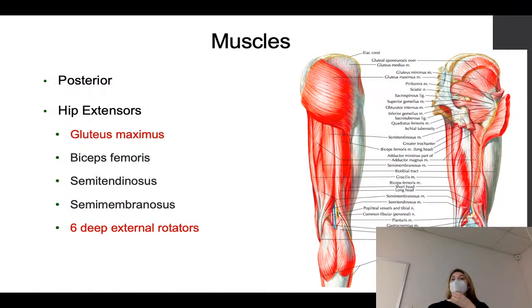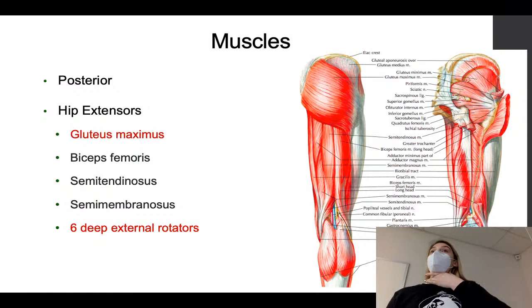So then if we look at our posterior muscles, which are going to be hip extensors, we already know these three because they are our hamstrings. So we're just going to learn our gluteus maximus and our 6 deep external rotators.